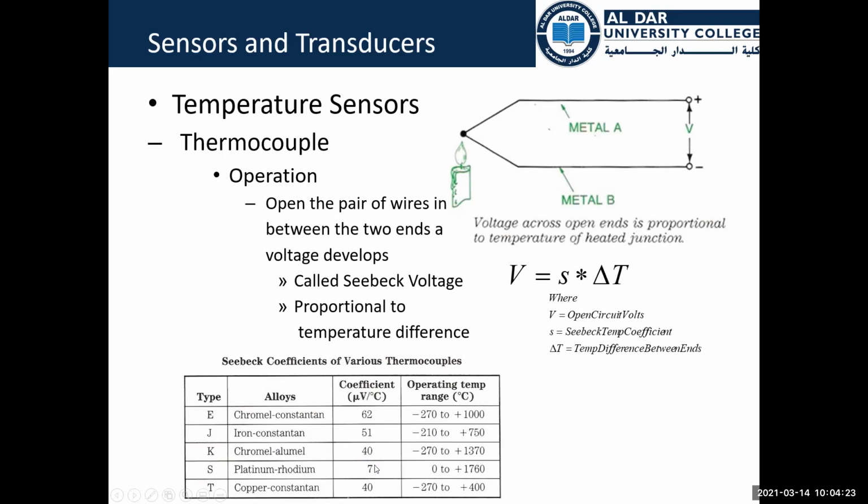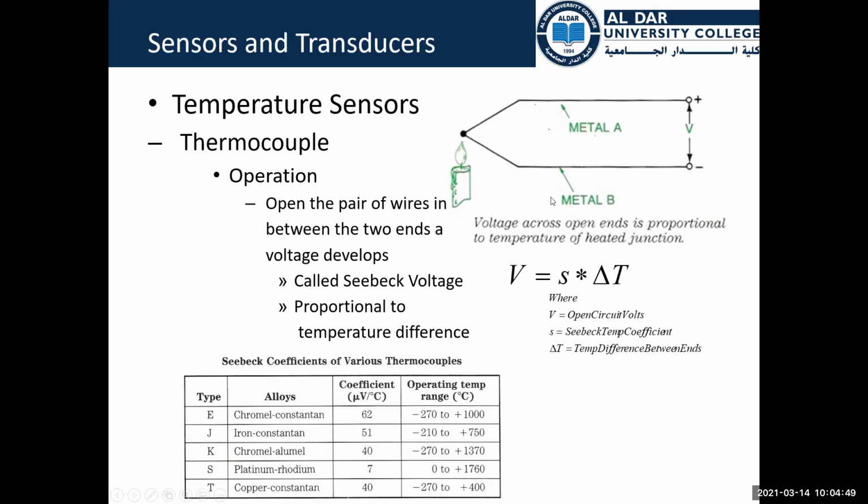You see, this value is very low and this value is very high. So for each metal, we have different S, and the delta T is just the real difference between the temperature at metal A and metal B. Okay, this is the idea of the temperature sensor or the thermocouple.